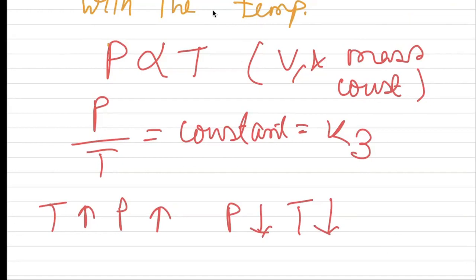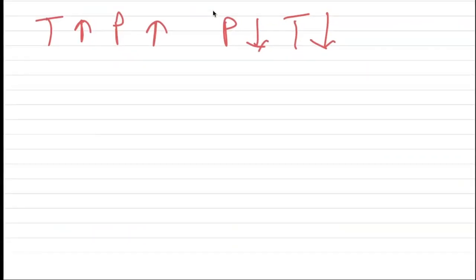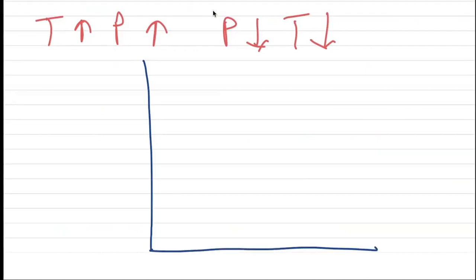Okay, so let's see the graph for that. Graphical representation of Gay-Lussac's law. This side is temperature: 0, 100, 200, 300, 400. Here is the pressure.